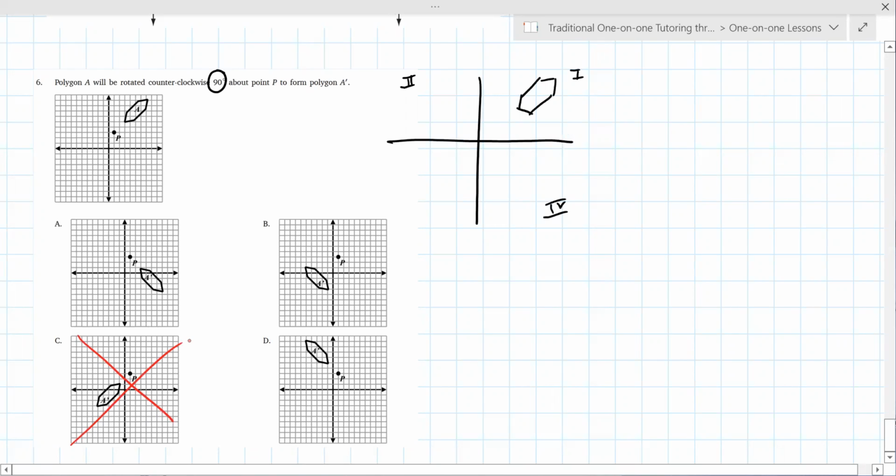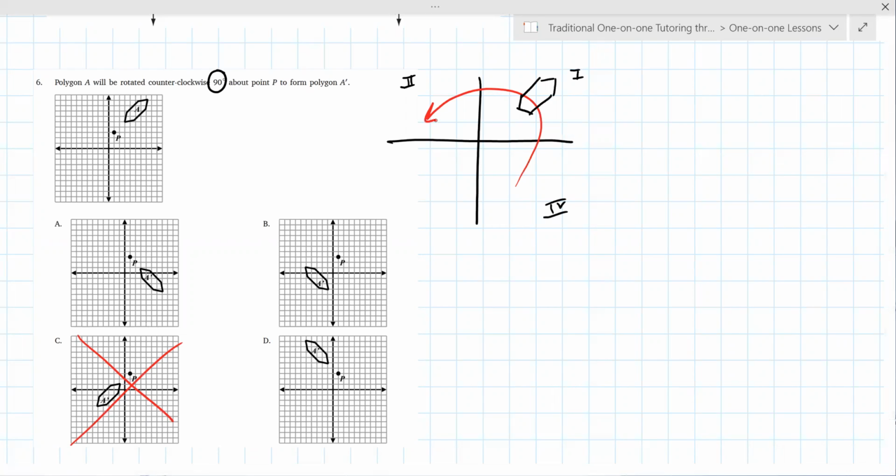Okay, now counterclockwise tells you that you're going this direction. Does that help? D. So it looks very much like it could be D, and I'm going to say it probably is. That quadrant thing really is pretty powerful when it comes right down to it for figuring it out.